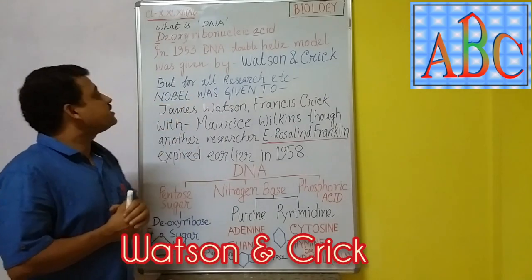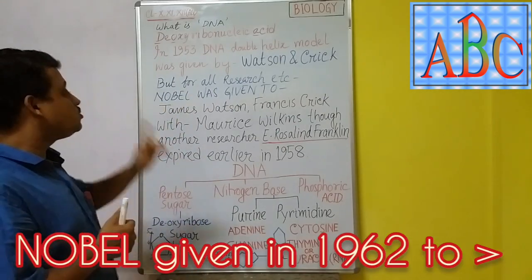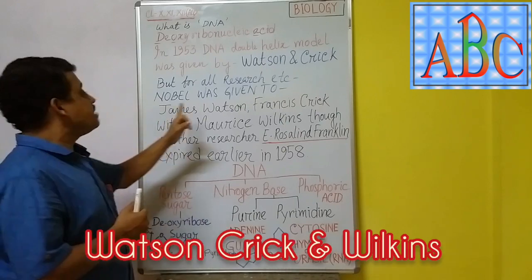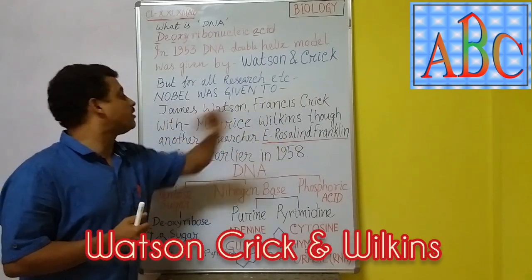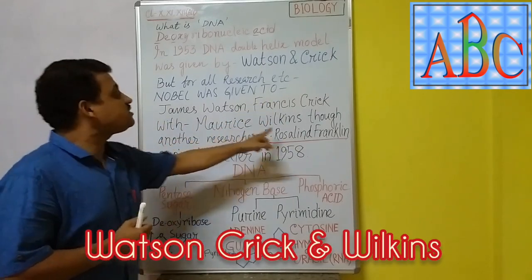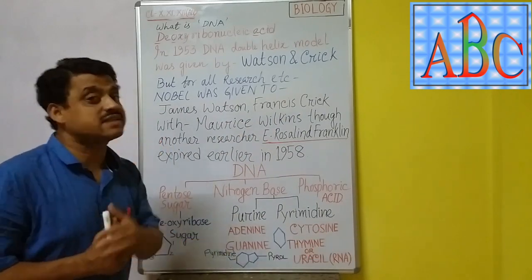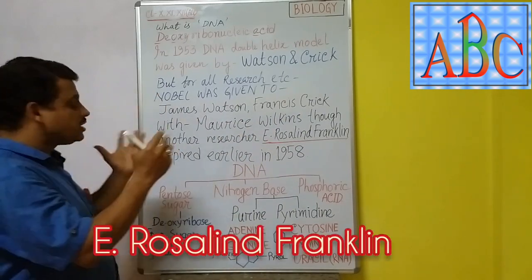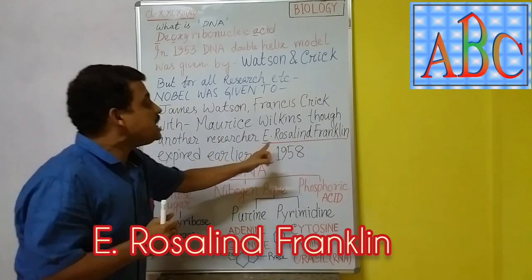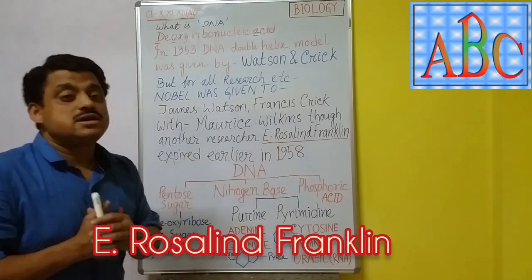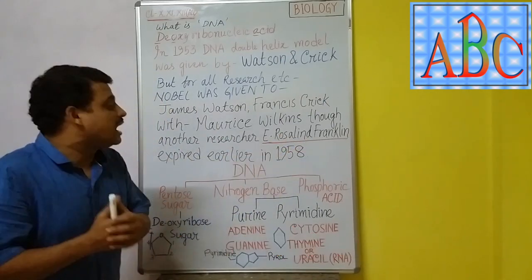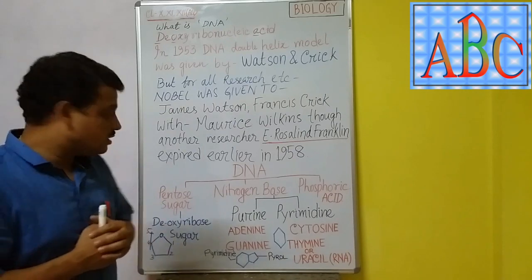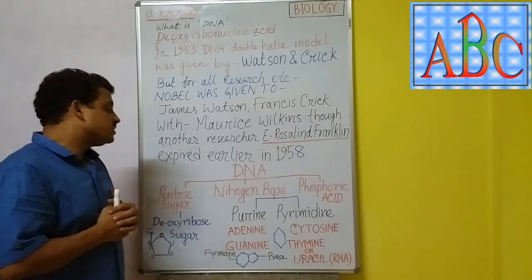But for all the research, the Nobel Prize was given to 3 scientists: James Watson, Francis Crick, and Maurice Wilkins, though another scientist was in the total team, named Rosalind Franklin. Actually, she died earlier, in 1958, so she did not get that award.